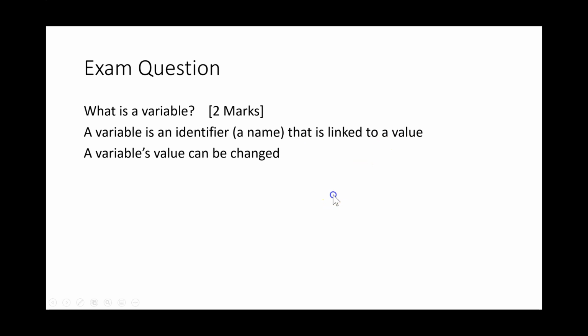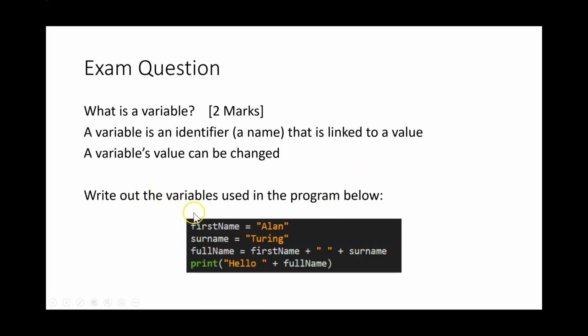You might also get a question where you're asked to write out the variables in a program, or two of the variables, or that kind of thing. So first of all, some telltale signs for a variable. Assignments here. If you are assigning a value on the right, it must be a variable on the left.